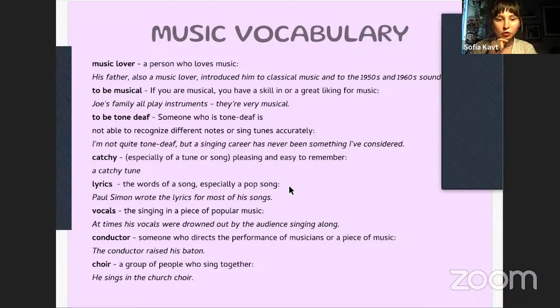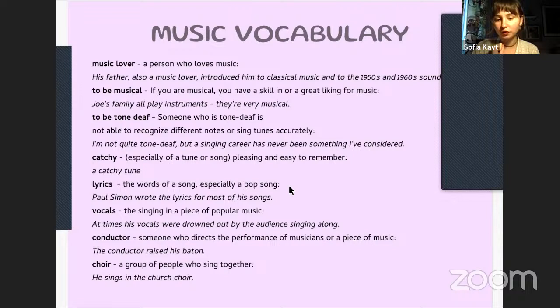Then, in relation to orchestras, there is a term conductor. It is someone who directs the performance of musicians in an orchestra. Okay, it is more of a classical music term. Then the next one is a choir.